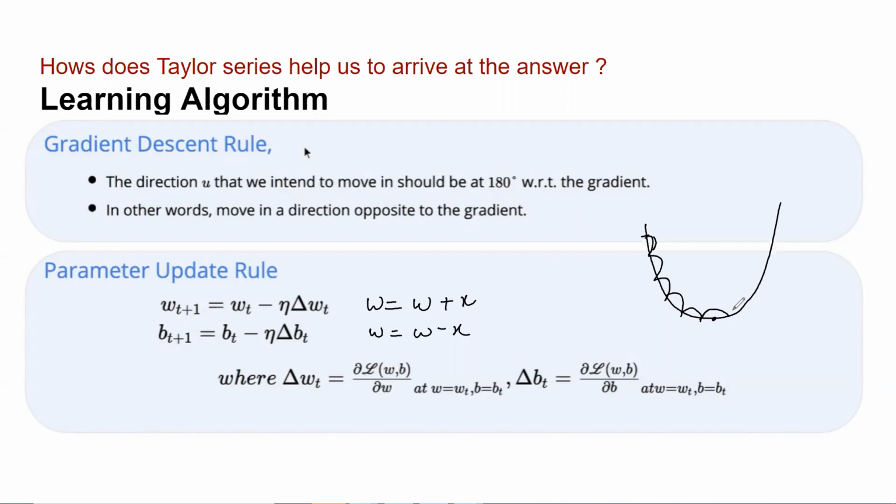Now think that instead of this concave function, you have a function something like this. In this case your perceptron algorithm will fail, because we do not know in which direction we should go. But in the case of the sigmoid neuron with gradient descent, we always know that we should move in the opposite direction of the gradient. If I have reached here, I should go in this direction.